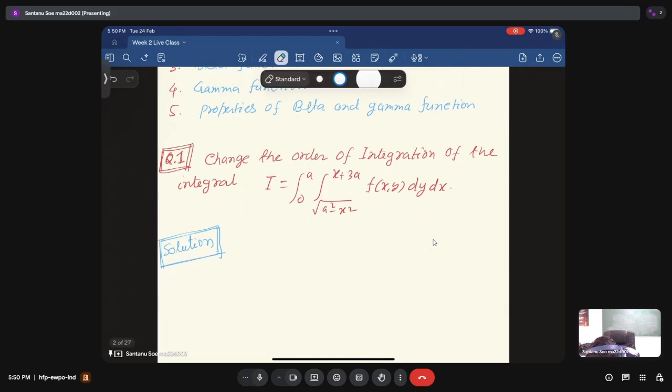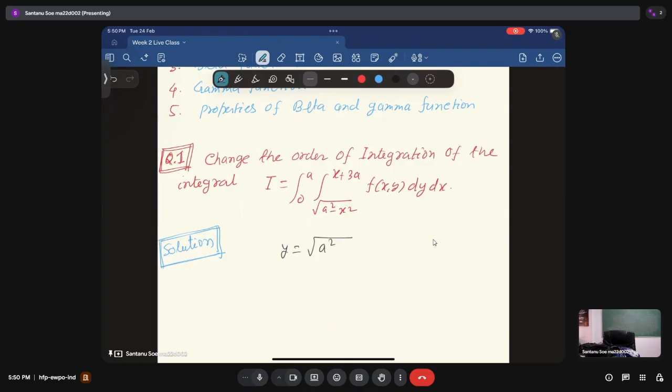So first try to see that here the first limit is y equals square root of a square minus x square. So this is nothing but y square equals a square minus x square, or x square plus y square equals a square, correct?